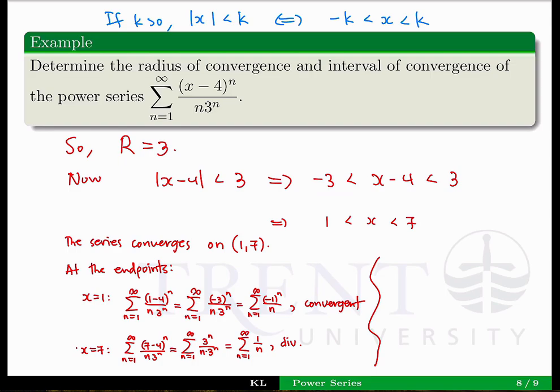Therefore, here we found that r equals 3, and the interval of convergence: we include 1, but we exclude 7. So this is the interval of convergence.